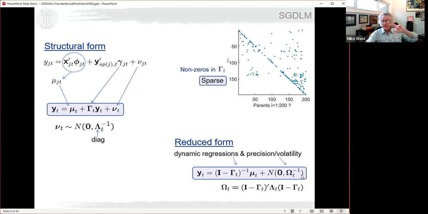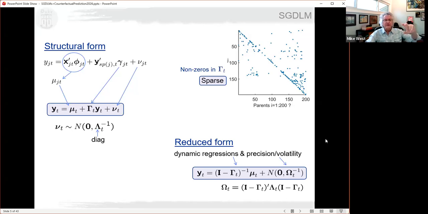And the precision term, which represents simultaneous residual dependencies, is this precision matrix, the variance matrix inverse. And I'll speak in detail in a couple of slides to each of these terms separately to just help understand the theory and structure of these models.